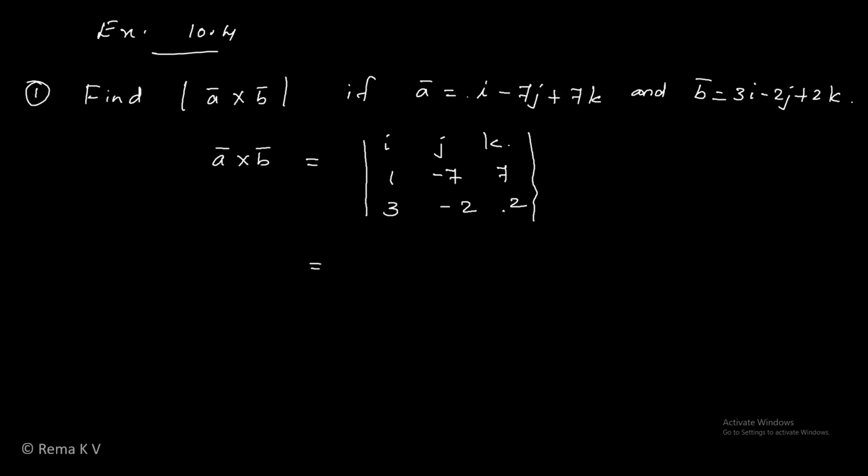So you can find the value of this determinant. i into minus 7 into 2, it is minus 14, minus 2 into 7, it is plus 14.